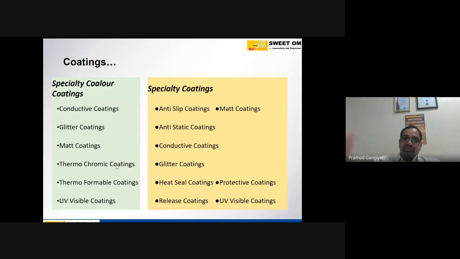Now, matte coatings we have already discussed. Anti-static coatings. Now, this is again a very important and crucial part.